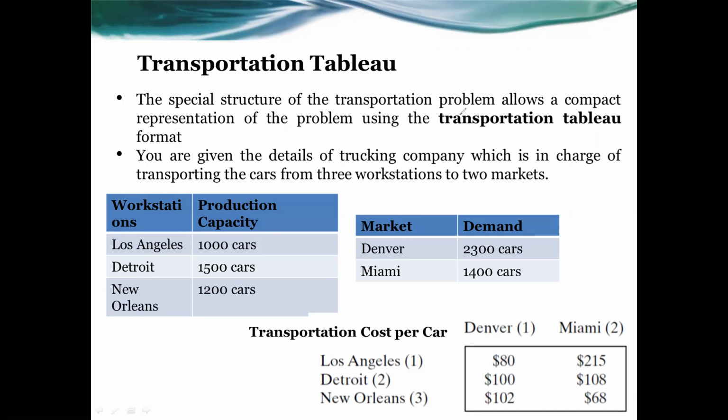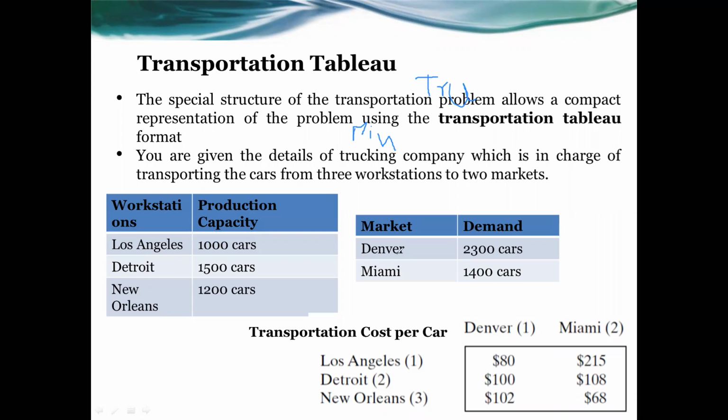Now, what is the problem? We need to fulfill our market demand using our warehouse sources at a minimum transportation cost. So normally transportation cost comes as a minimization problem.